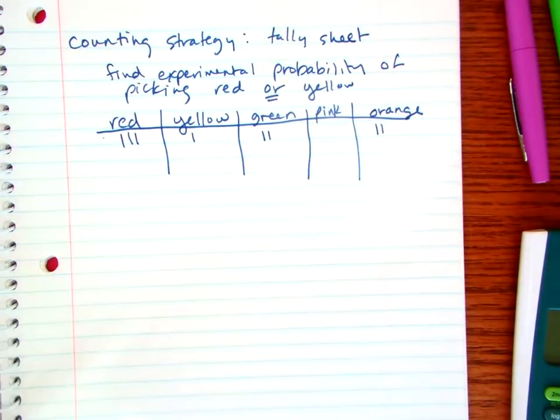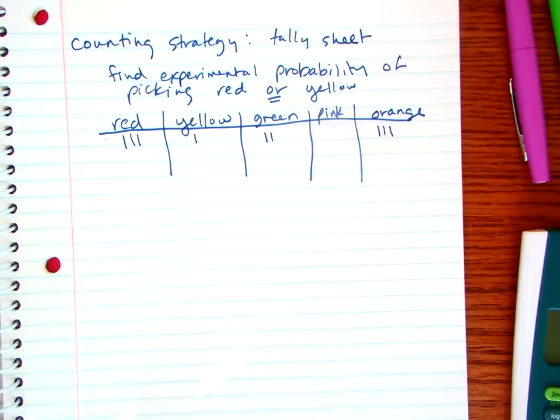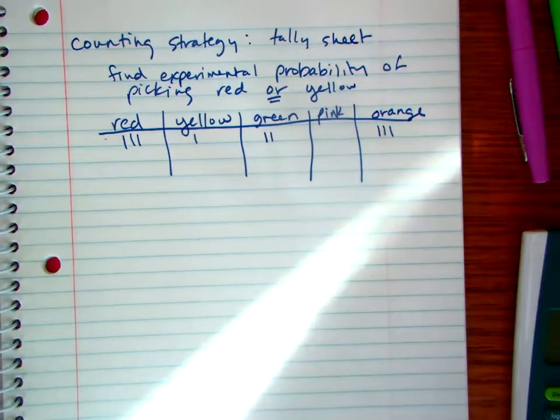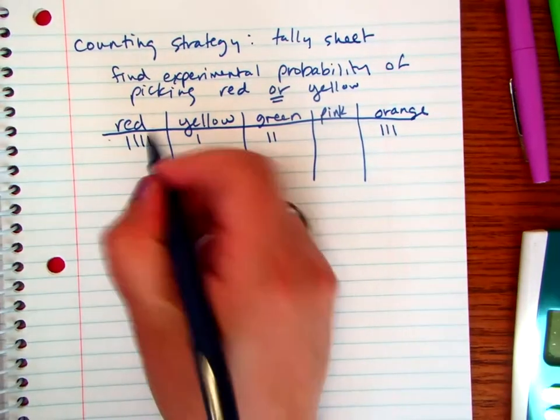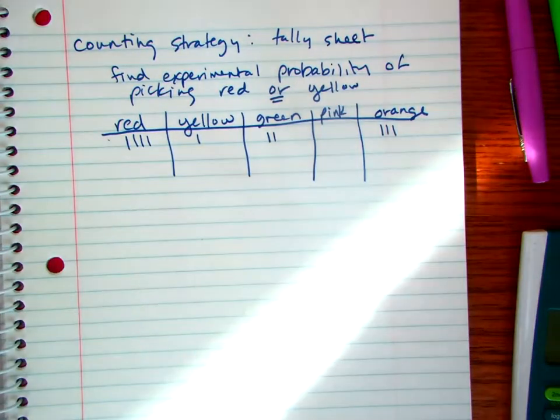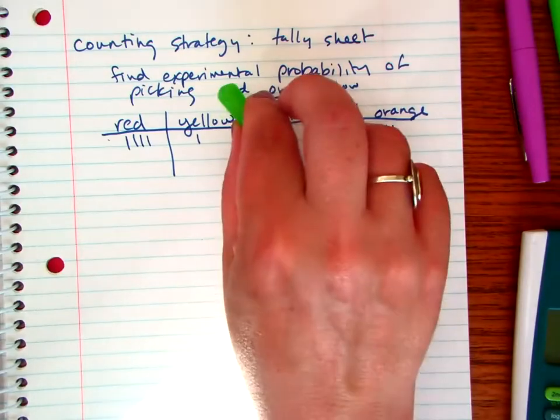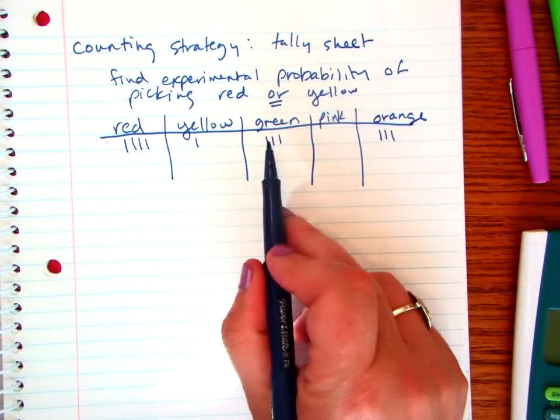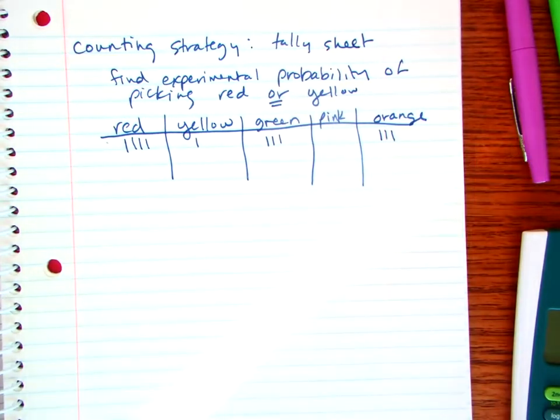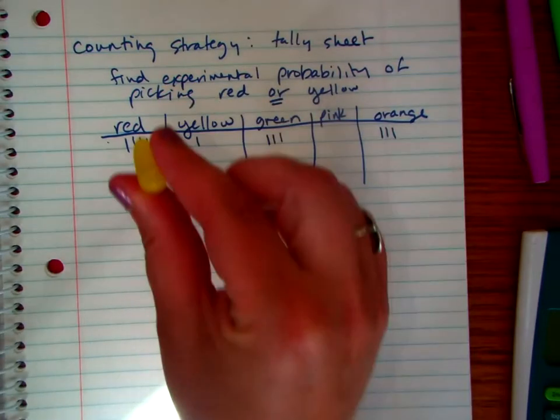Orange. Or pink. I'm starting to feel a little bad for it. Another red. Green. Okay, and where are we? 5 and 6, so we're at 11. Yellow.